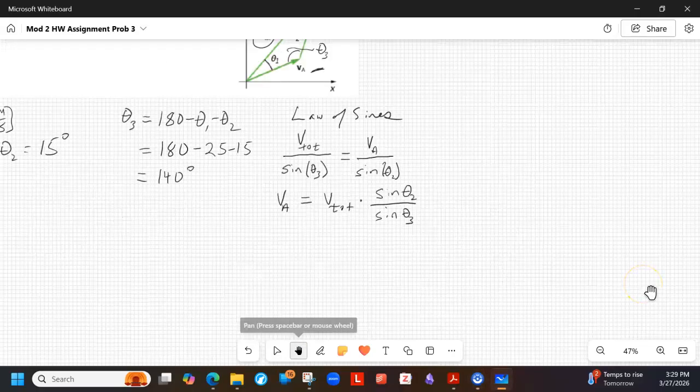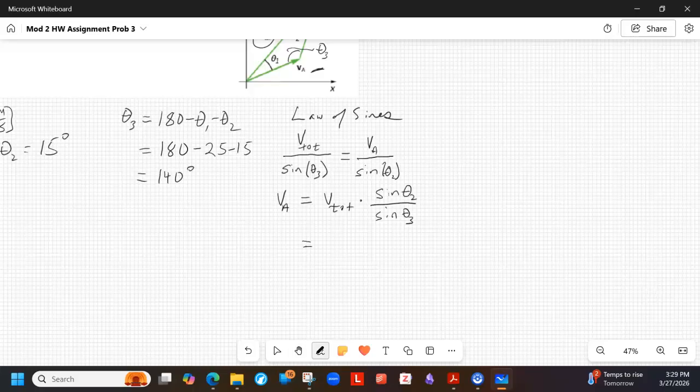Okay, so putting in the numbers, V sub A is going to be equal to 4.5 times the sine of theta 2, which for me is sine of 15, over sine of 140.